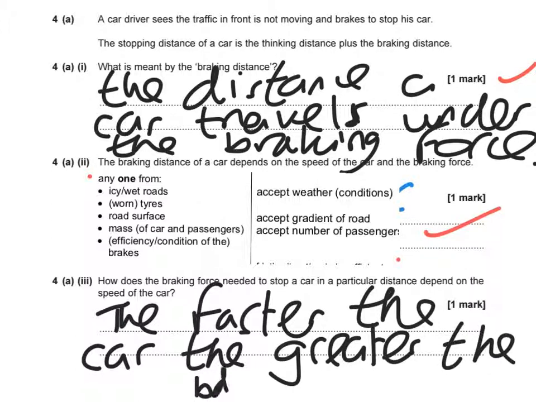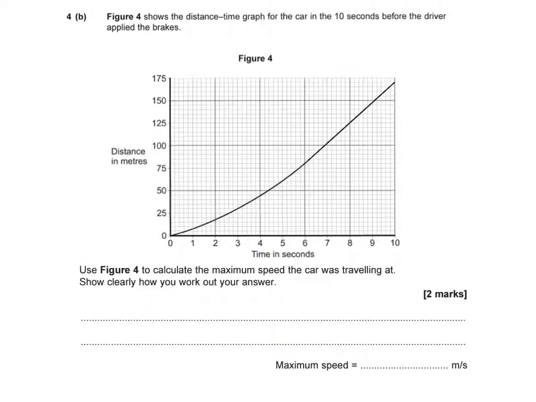So the faster the car, the greater the braking distance. You must have a comment about speed and braking distance. So you could have said that as the speed of the car increases, the braking distance increases. But the idea is that as one increases, the other increases, but there must be a comment about both speed, which I got in my "faster", and also distance. That will get you 1 mark there.